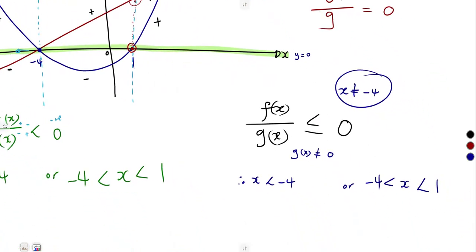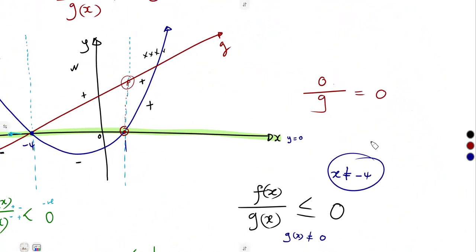So meaning to say, for a condition where x is equal to 1, it can be considered as part of your solution, because directly when x is equal to 1, f is equal to 0 at that moment.